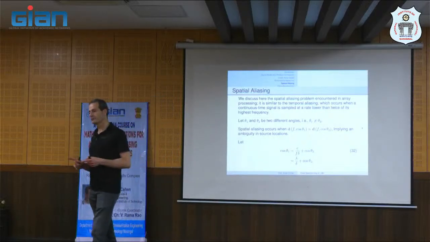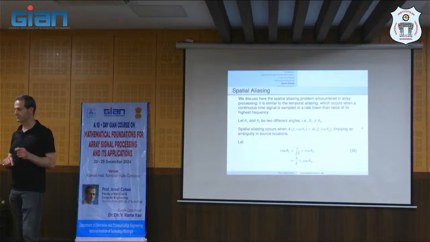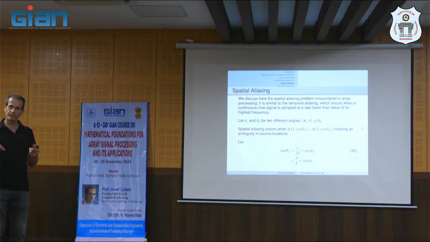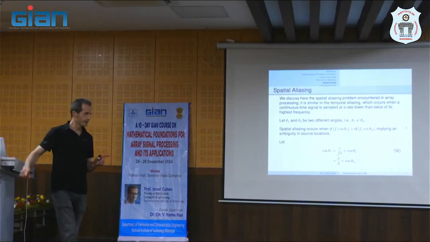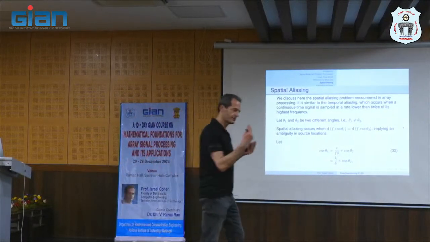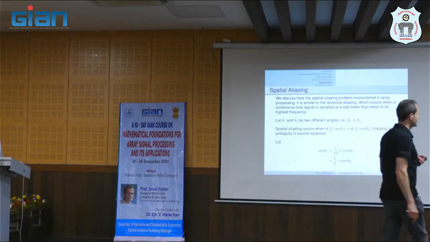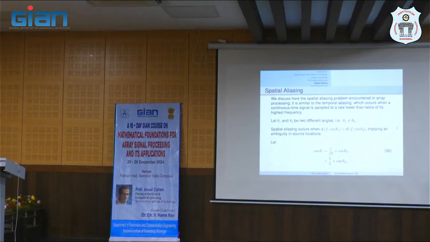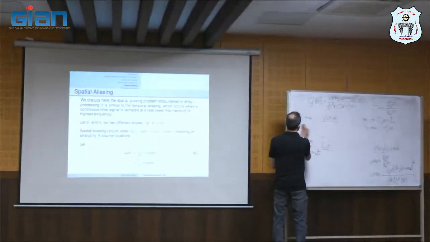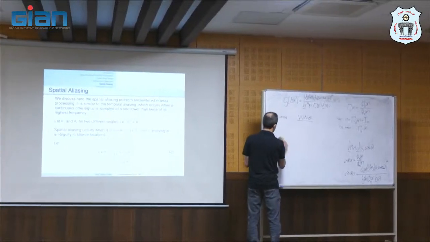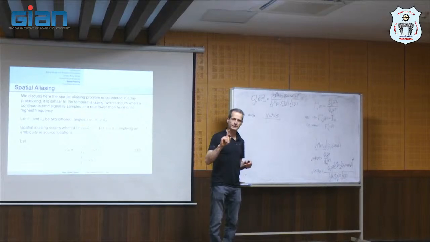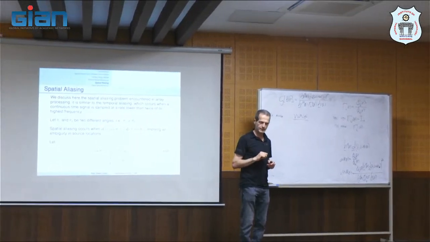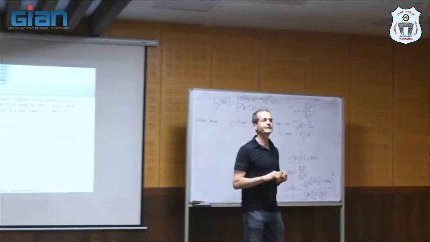Okay? So if the sampling interval is small enough, or the sampling frequency is large enough, at least twice the largest frequency, it means that, I will write it, because it's a different way. If you're not familiar with that, it's nice to write it regarding spatial aliasing. So I can write, suppose, okay, what is aliasing in the time domain? Temporal aliasing. Suppose that I have two continuous signals.